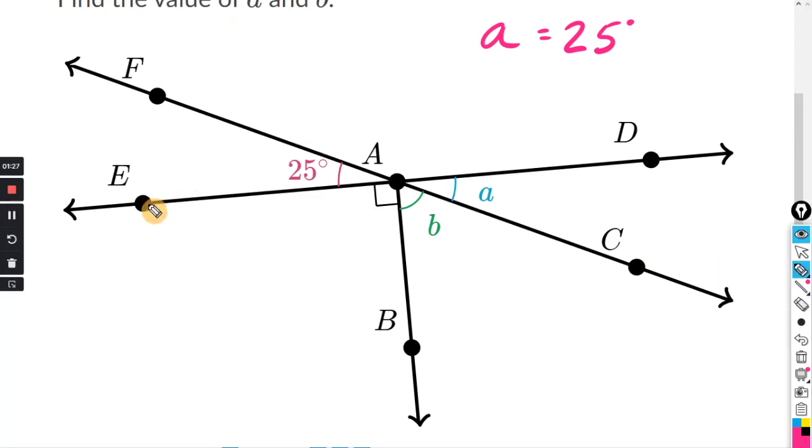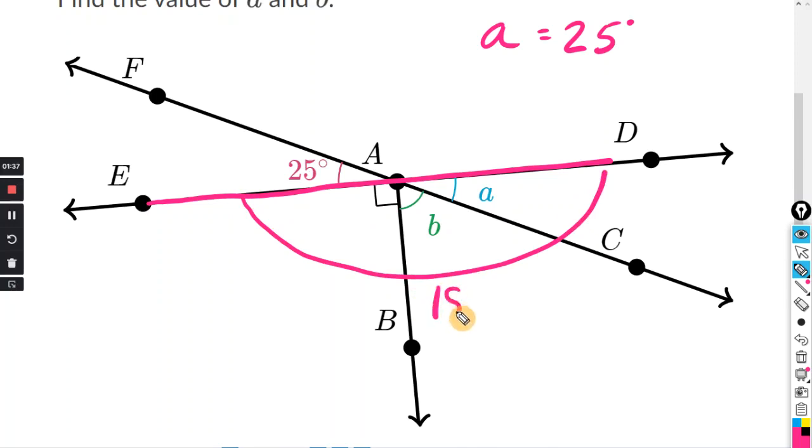Okay, as you can see, we have a straight line right here. So the angular measurement of a straight angle, if we measured from here to here, would be 180 degrees, because it's a straight angle. And this right here is 90. So 180 minus 90 is going to be 90.